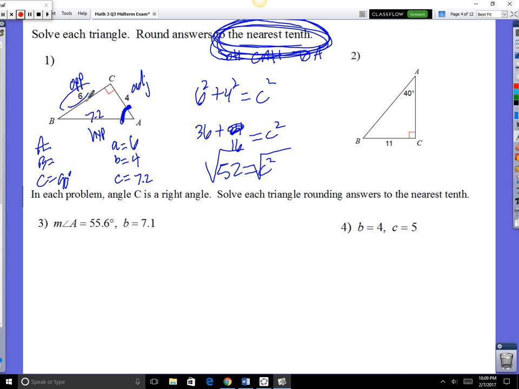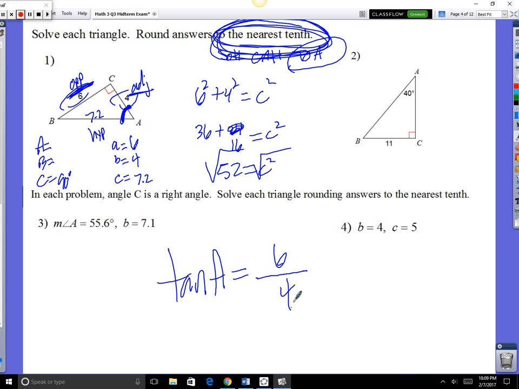But if I want to do the 6 with the 4, the only trig that's going to marry opposite with adjacent is going to be tangent, or cotangent. So I'm going to do tangent. Tangent from A is equal to the fraction. I'm going to put opposite on top, so 6 over 4.